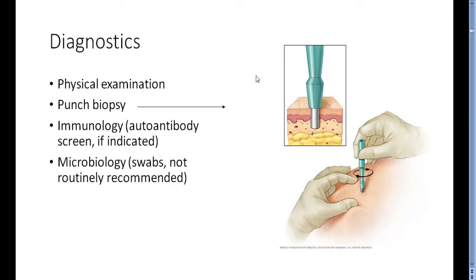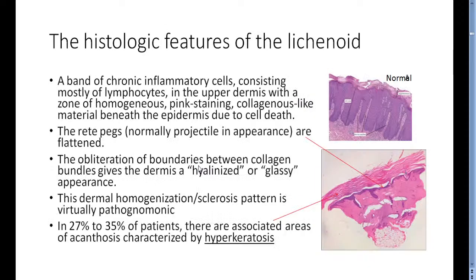Rarely, immunology tests can be done for autoantibody screening, and microbiology swabs can be taken from the skin of various lichen sclerosus locations, but it's routinely not recommended. So punch biopsy or excisional biopsy is of paramount importance for diagnostic purposes.